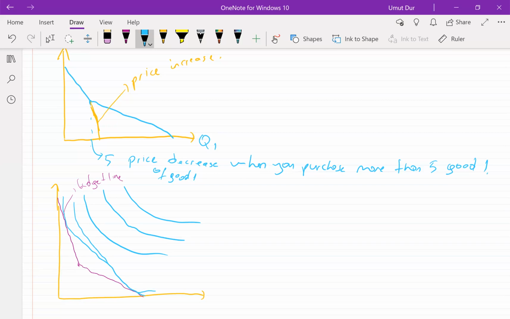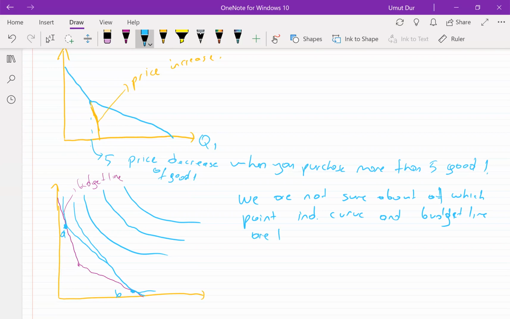Let's say this is A and this is B. We are not sure at which point the indifference curve and budget line are tangent. We will try to solve this.